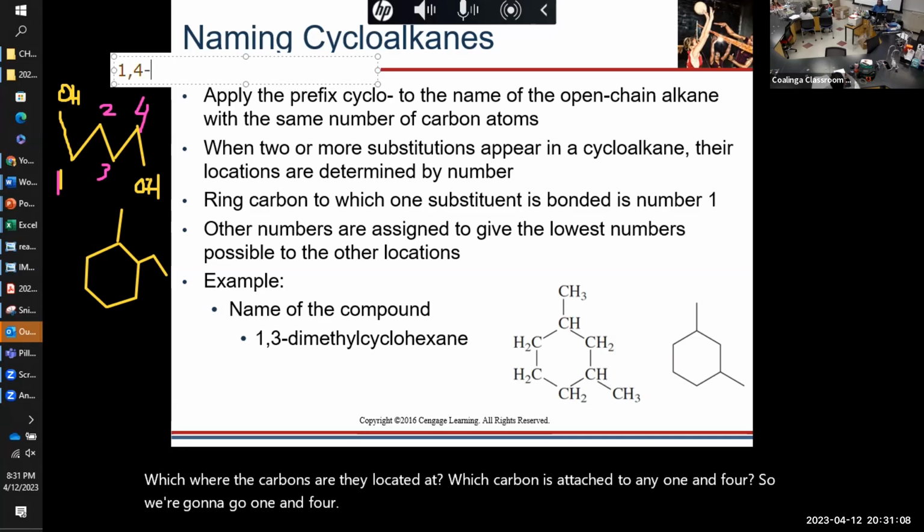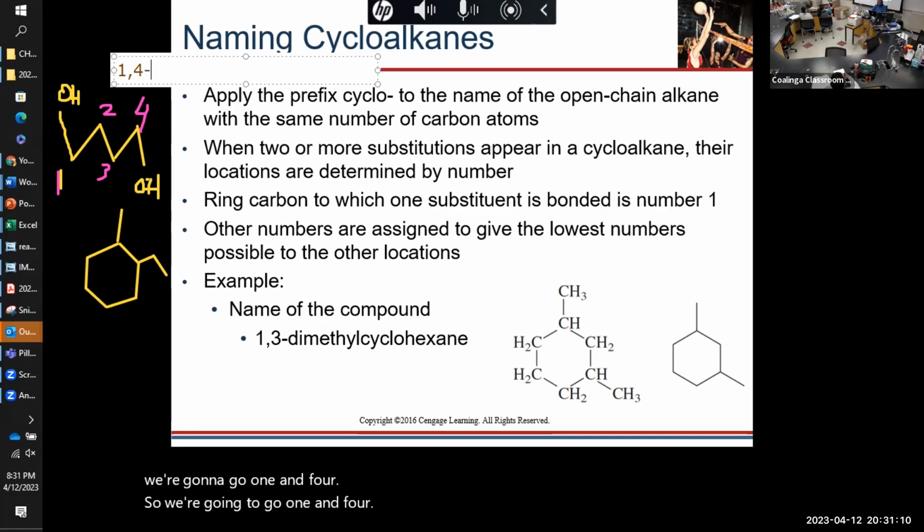So we're going to go 1 and 4. And so how many carbons do we have? 4. So what is the prefix for 4? But. Okay. Is it all double bonds, single bonds, triple bonds?